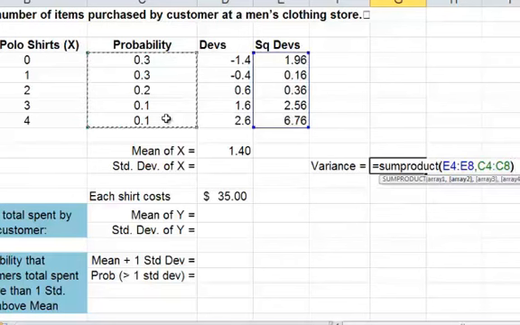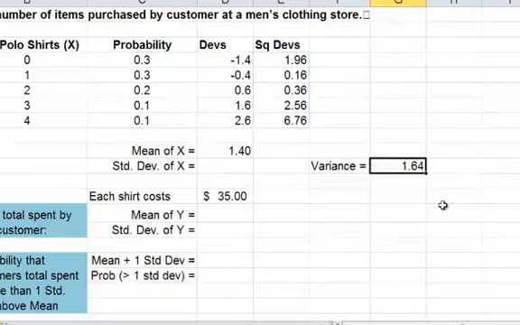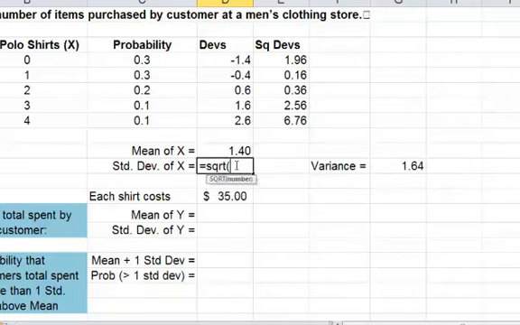For these calculations on discrete probability distributions, we'll always be weighting things by the probability of occurrence. So I get a value of 1.64. I have to remember that's my variance value. My standard deviation is always going to be the square root of the variance. And I get a value of roughly 1.28.